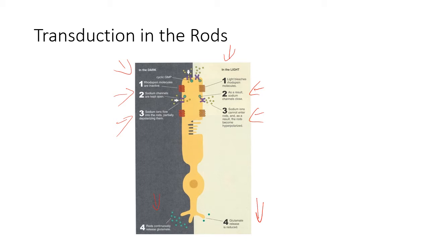So these are the two different states for rods: either light is touching it and the rhodopsin molecules become activated, or light is not touching it and they are inactive. That results in the transduction, where electrical signals are sent out based on that, or the light is not touching it and the electrical signals are not sent.